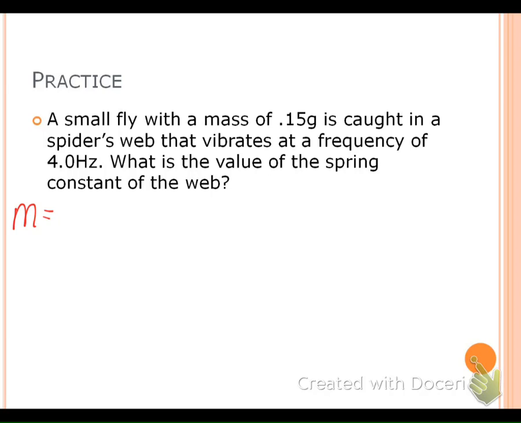So our mass is 0.15 grams, which in kilograms makes it really small, 0.00015, or you can put it in scientific notation, which is 1.5 times 10 to the negative fourth. You don't have to put it in scientific notation. And our frequency is 4 hertz.